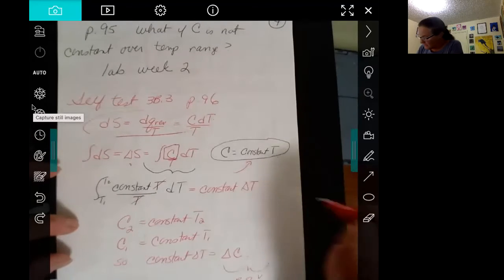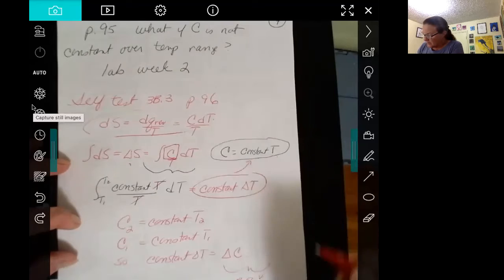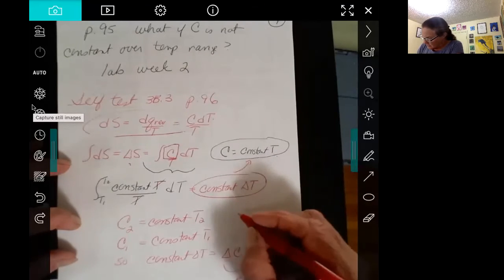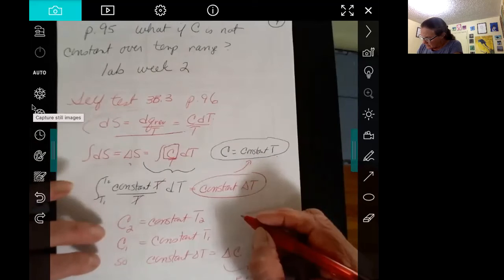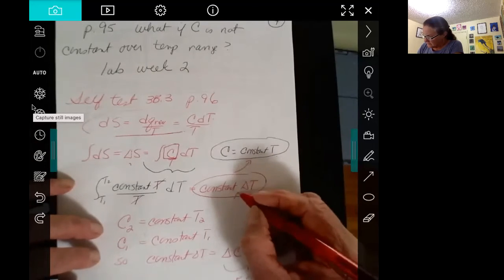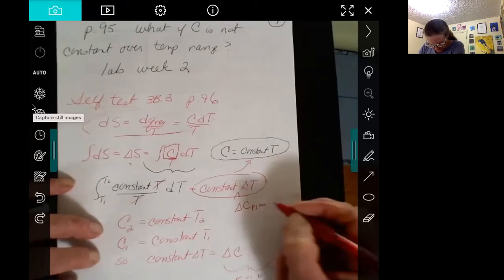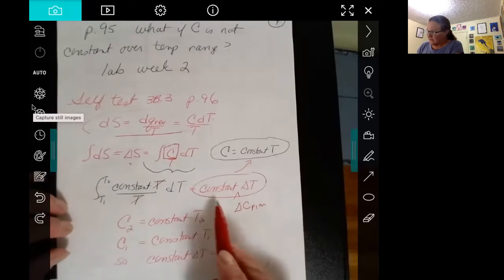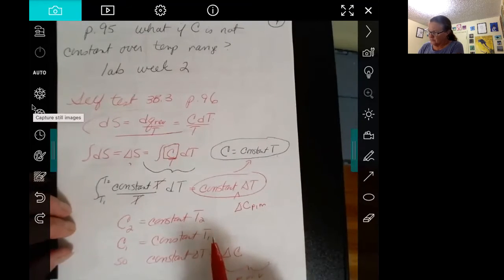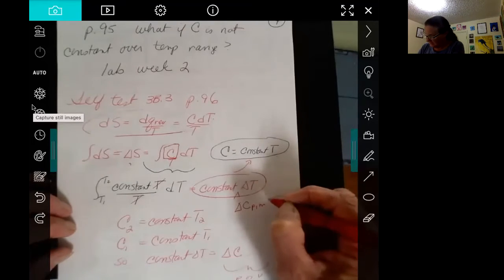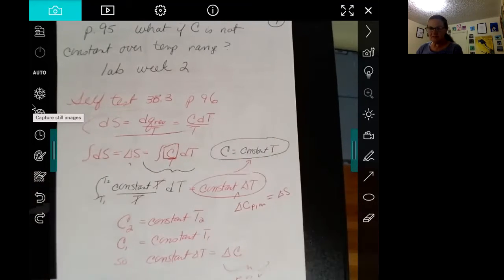So when you look at this integral, it's actually going to be equal to delta C P molar, because the constant times T2 minus T1 is how the heat capacity changes, and that ends up being equal to delta S for this problem.